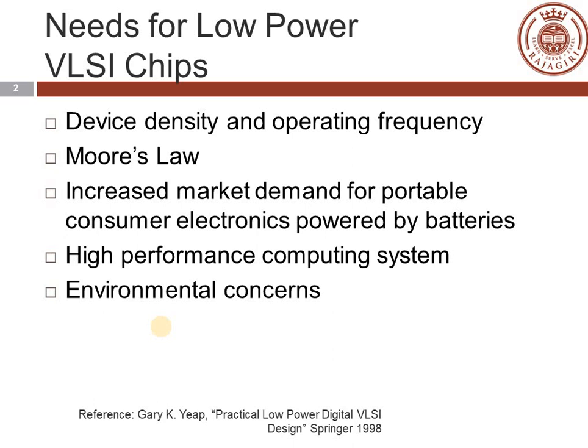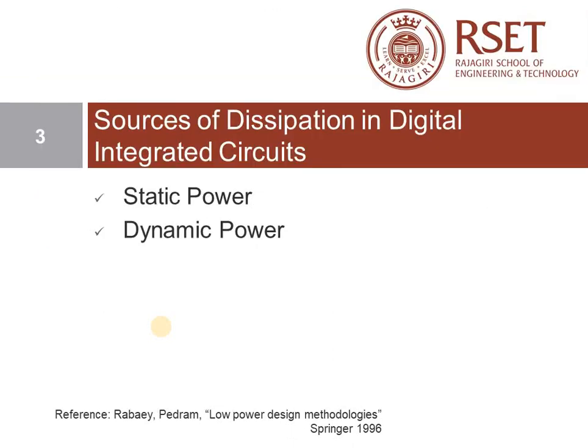So the next topic is sources of dissipation in digital integrated circuits. The main sources of dissipation in digital integrated circuits are static power and dynamic power. So first we will focus on static power.